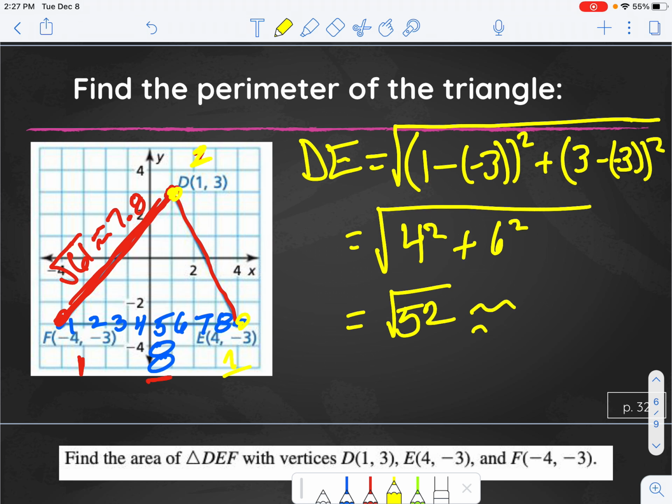This gives me the square root of 52. This gives me 7.2. And if you guys round to the tenth place, that's great with me. That does not show up very well.